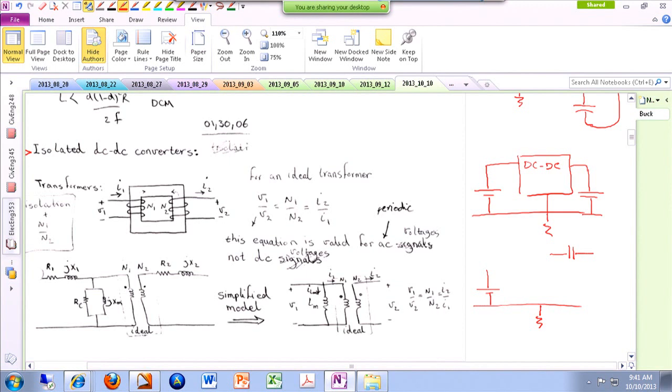So now you are going to have to use an isolated converter. This isolated converter gets these two input terminals, and also has these two, for instance, output terminals. So there are many applications where you need an isolation and an isolated converter.